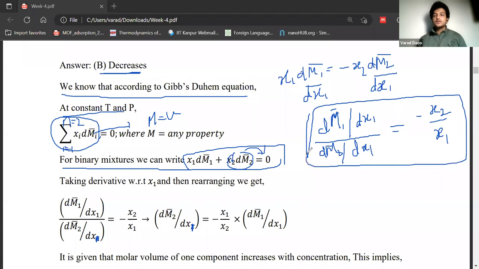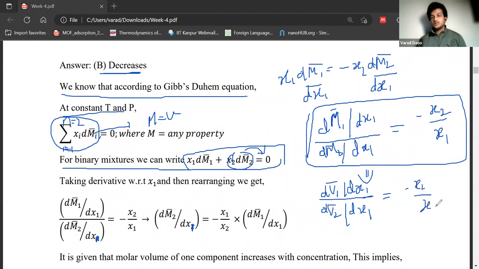Now for volume, you just have to replace m by v. So it will be dv1 bar by dx1 divided by dv2 bar by dx1 is equal to minus of x2 by x1.